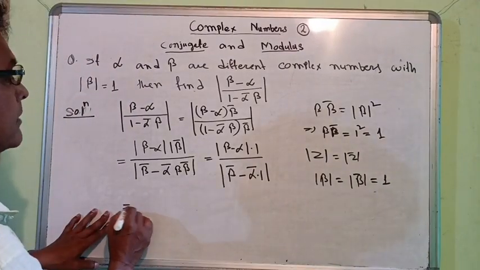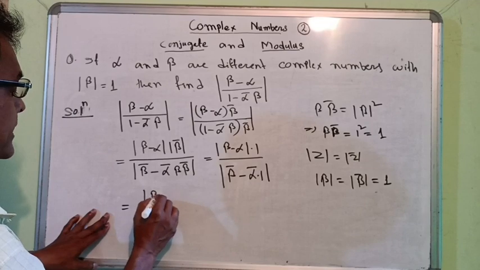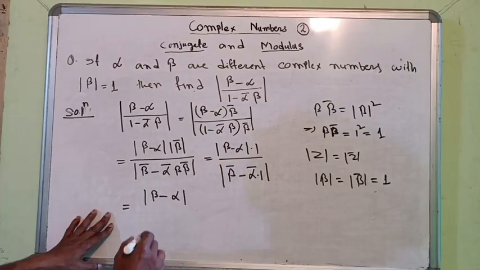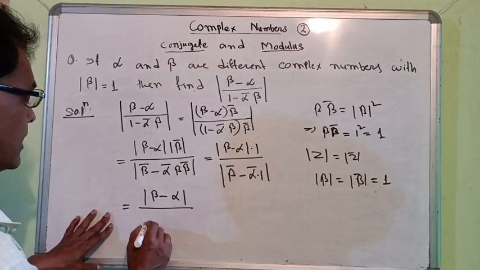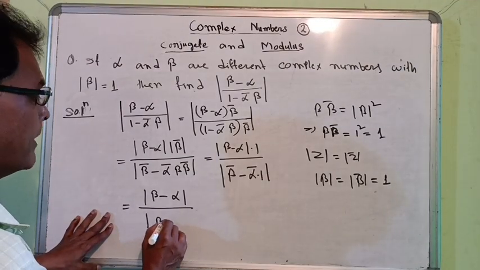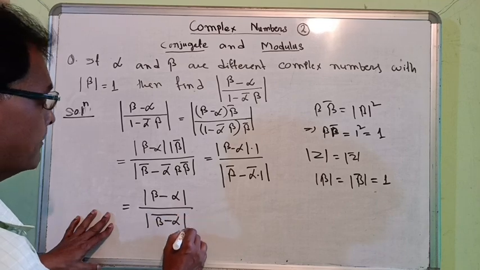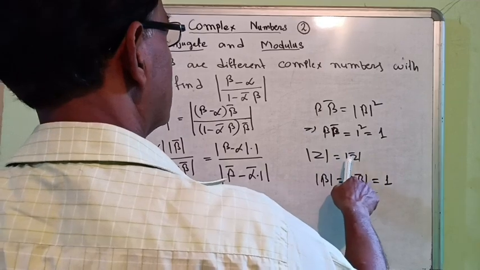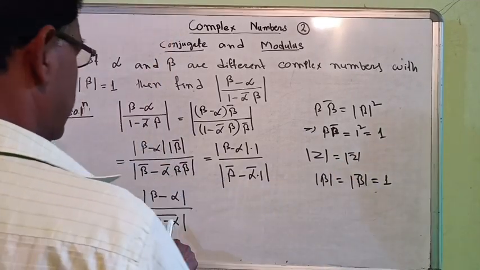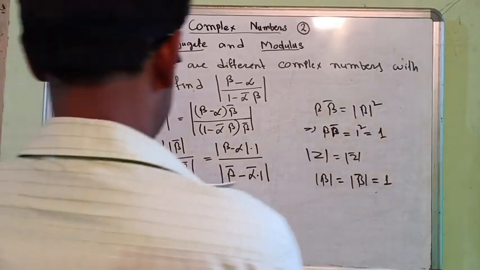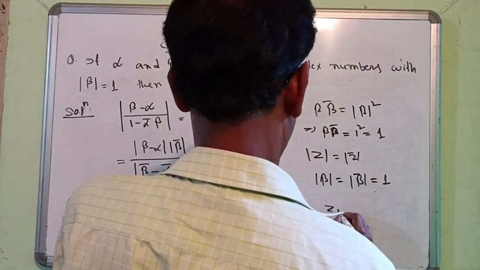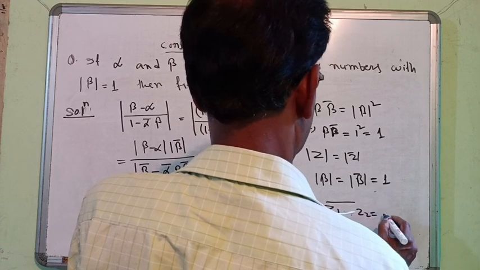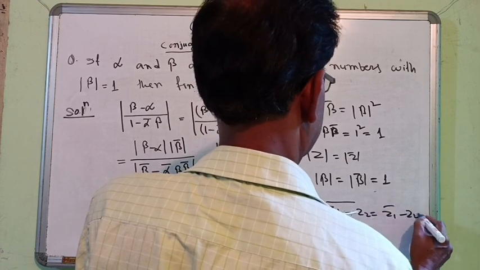This is equal to mod of beta minus alpha divided by mod of beta minus alpha whole bar, since mod of z is equal to mod of z bar, and z1 minus z2 whole bar is equal to z1 bar minus z2 bar.